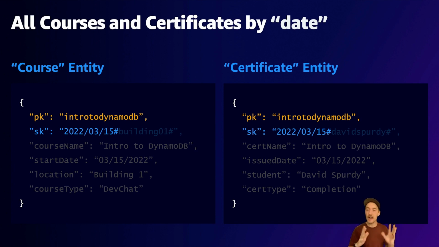But it's not always possible that you can do everything with an index. So, for instance, if you just want to see all courses and certificates for building 01, and you want to get all the certificates for it too, well, you can't really. If you included building 01 in what you provide, you're going to end up removing the certificate entity from your query, because none of the certificates start with building 01.